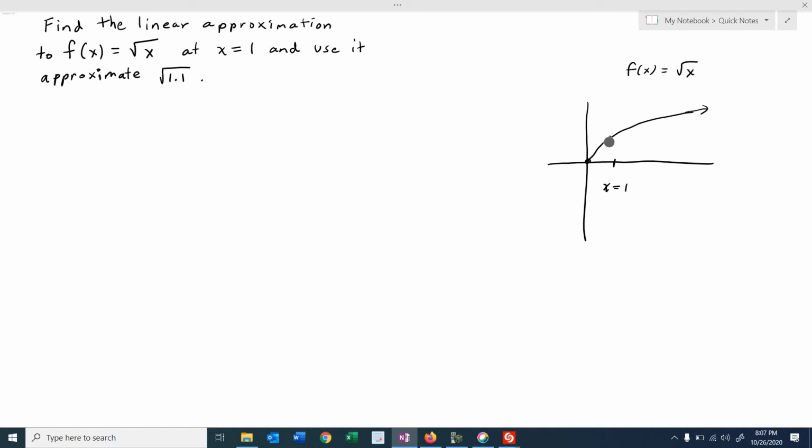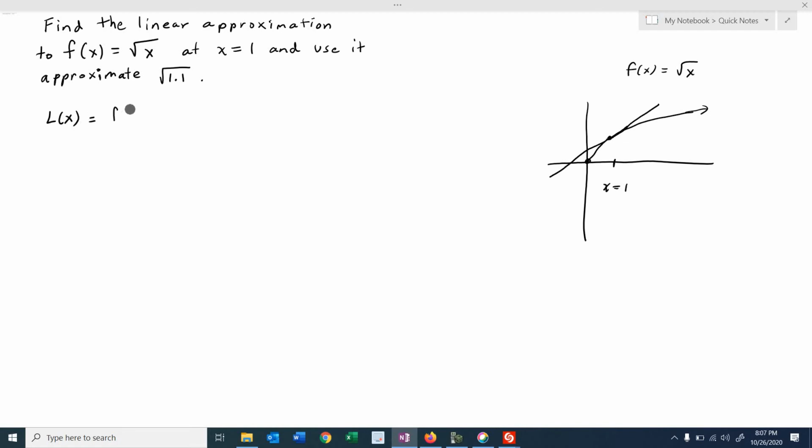And notice it's differentiable at that point. So if we zoom in on it, it's going to start to look more and more like a straight line. So we're going to find the equation of the tangent line at x equals 1, which is where the linearization formula comes from.